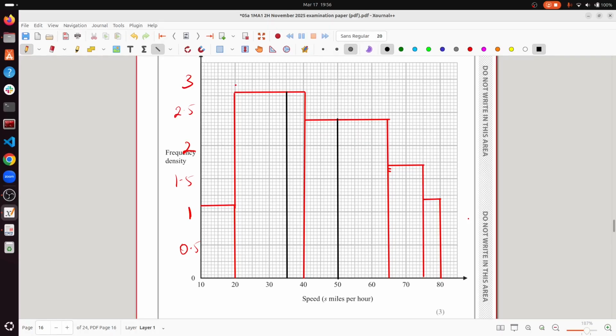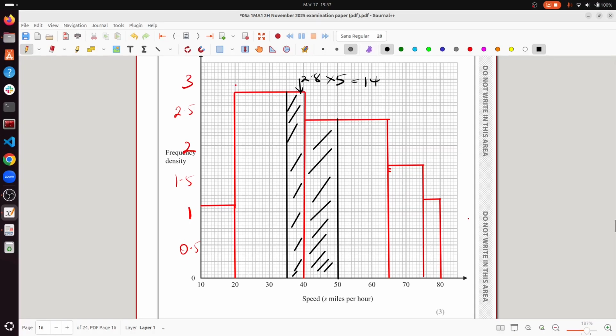So all we need to do there is find the area, and that will tell us how many people are in that group. The height of this one is 2.8, times 5, that's 14.